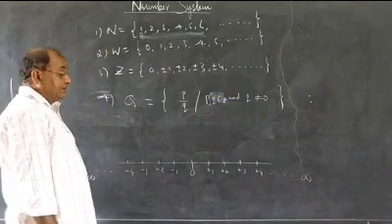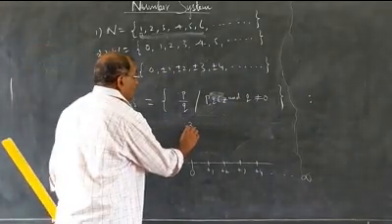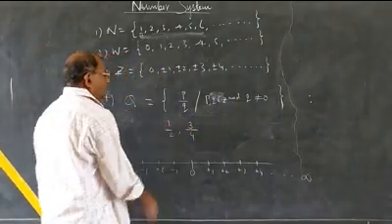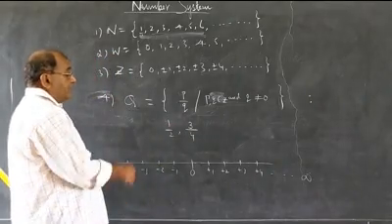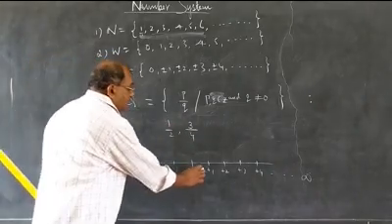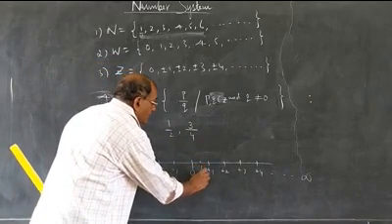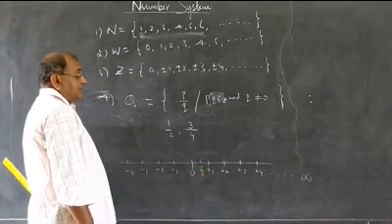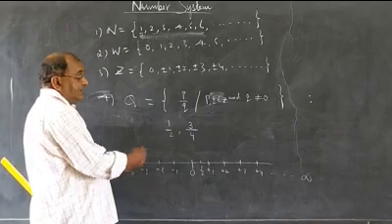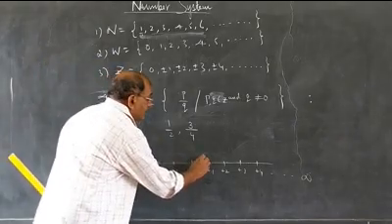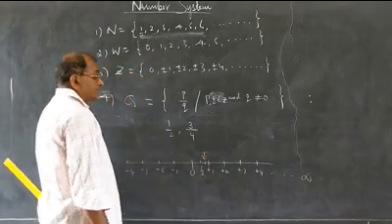Record the ratio, say 3 by 4, 1 by 2. 1 by 2 is half. Half lies between 0 and 1. So here I mark 1 by 2. 3 by 4, little more than that. Somewhere here you will write 3 by 4.